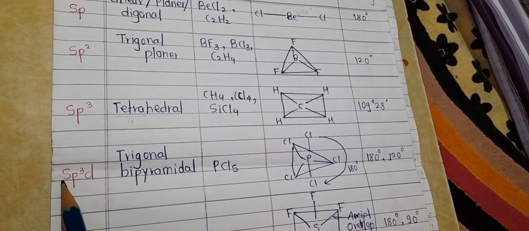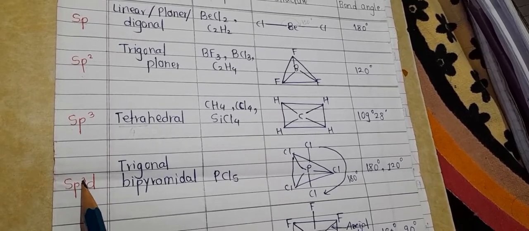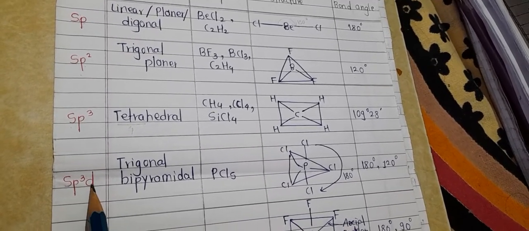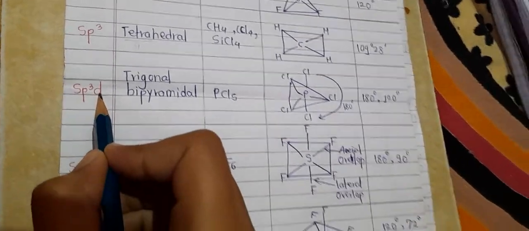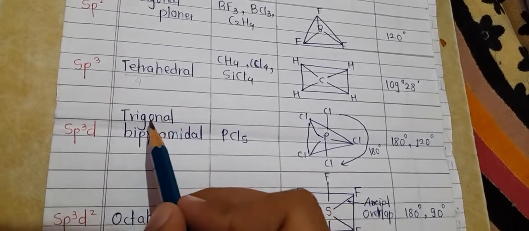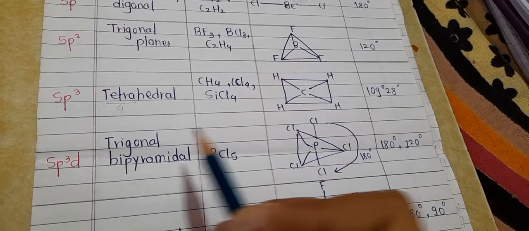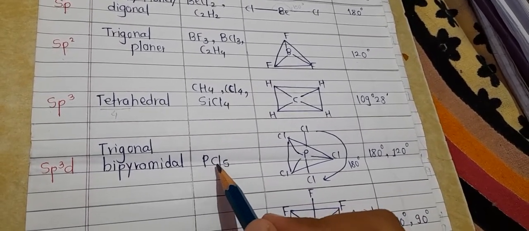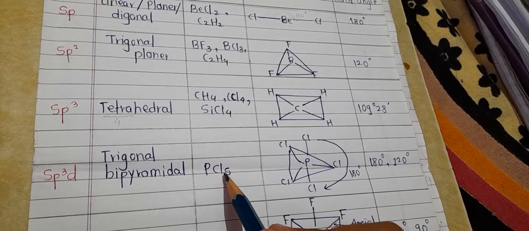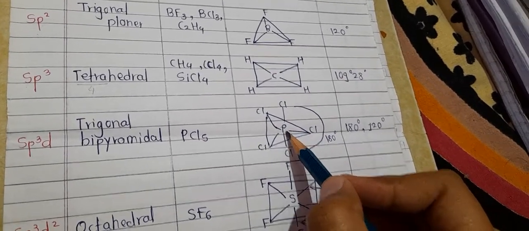sp3d, it is formed by mixing and recasting of 1s, 3p and 1d orbitals of the same atom. Their geometry is trigonal bipyramidal. Example: PCl5, phosphorus pentachloride. Structure of phosphorus pentachloride is like this.